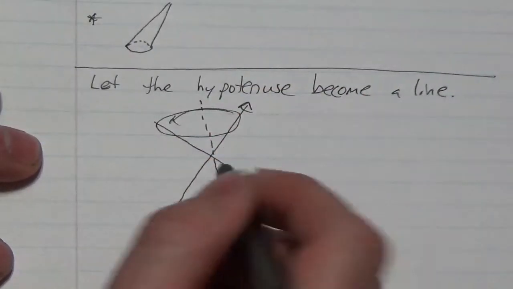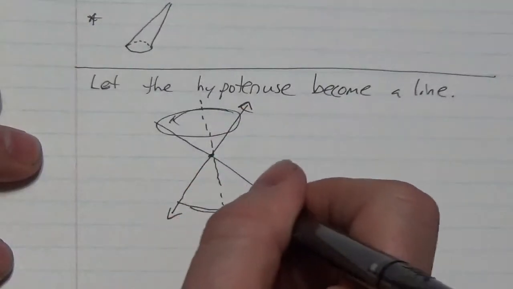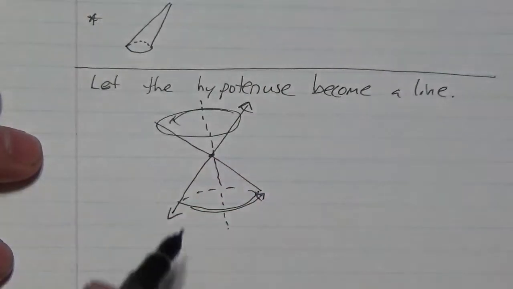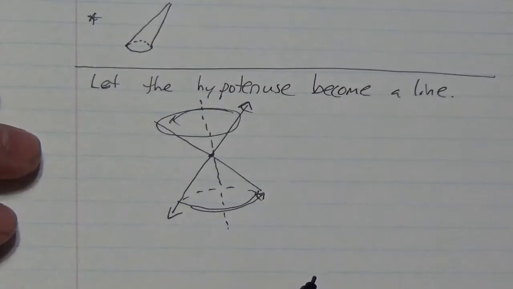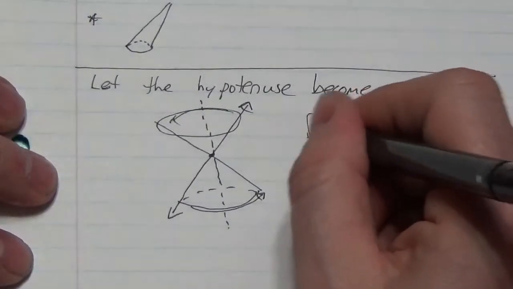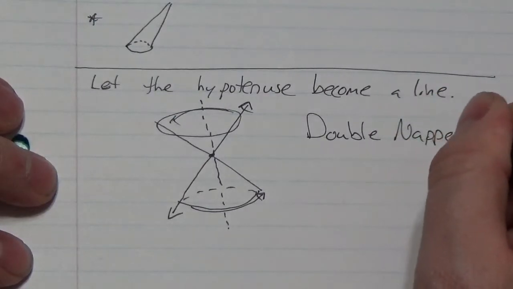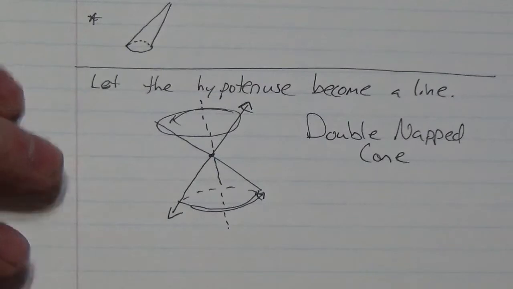It's going to go through that point right there. It's going to sweep out another one here. So what we end up looking at here are basically two cones on top of each other connected at that point. We call this a double napped cone, a cone on top of a cone.